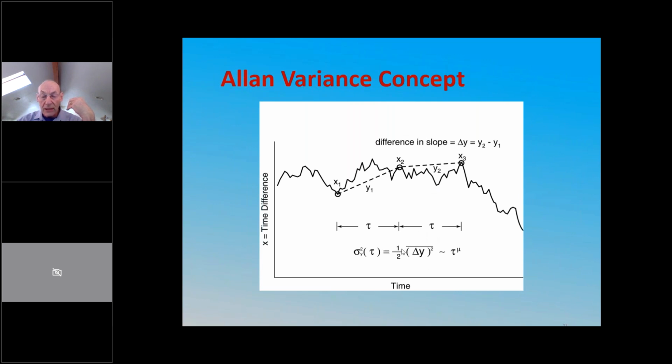That's what this means down here. We take the square of the difference in neighboring frequencies over a time interval tau, and then we average that square over the full data set. That's the Allan variance. And it turns out that it has a power law, and from that power law, we can determine the spectrum, the spectral power law.